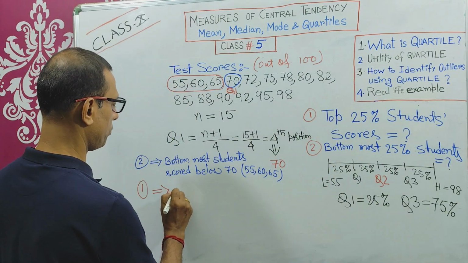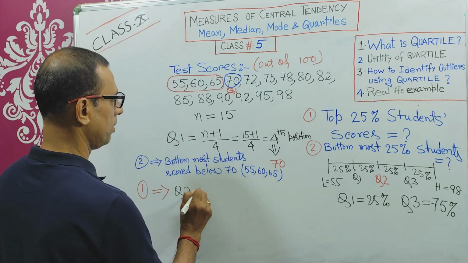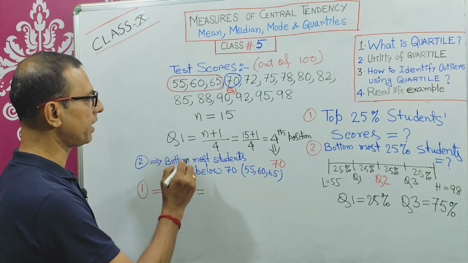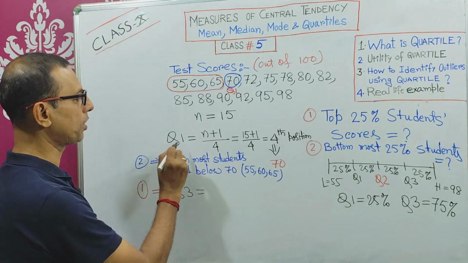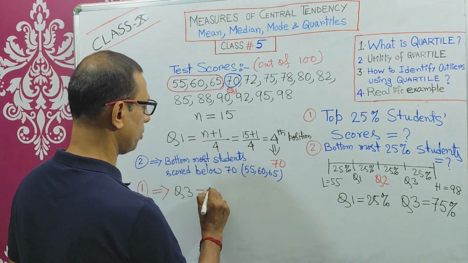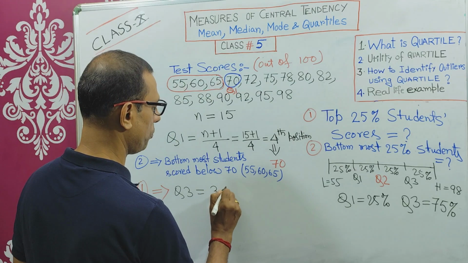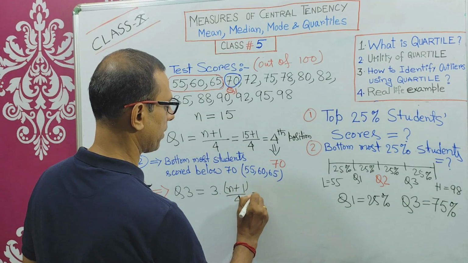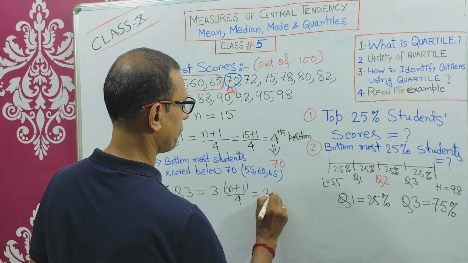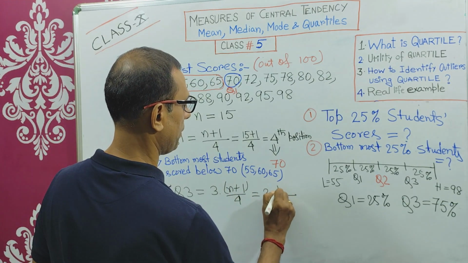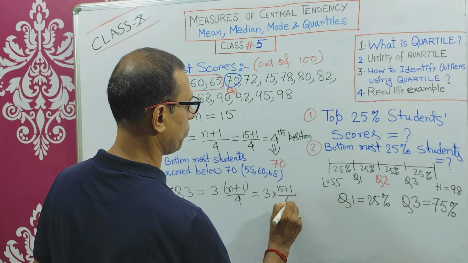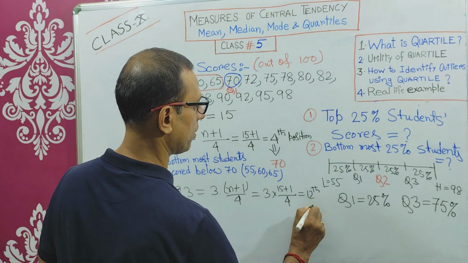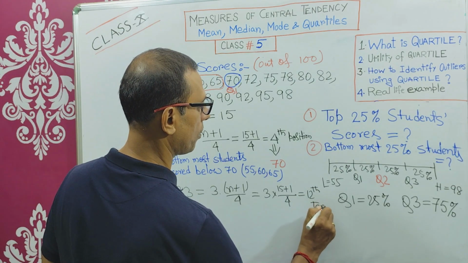So Q3, since n is odd, in that case, we have said Q1 is n plus 1 by 4, so Q3 is 3 times of Q1, so 3 into n plus 1 by 4, that means 3 into 15 plus 1 by 4, 16, there is a 12th term, or 12th position.